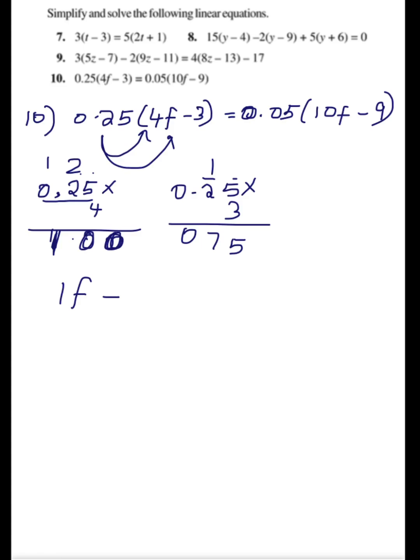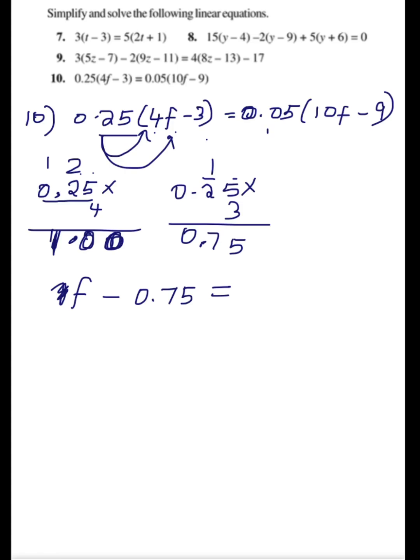So you can put the decimal point here. So 0.75 will be the answer. So 0.25 into 4f means 1.00, that means 1 itself, or simply f itself. So f minus 0.25 into 3 is 0.75. So the left hand side is in this way.